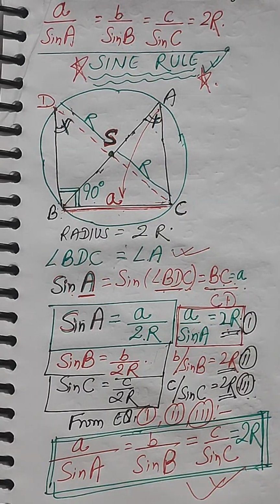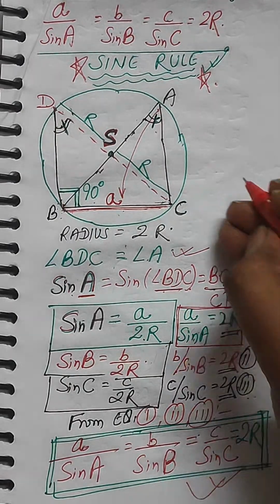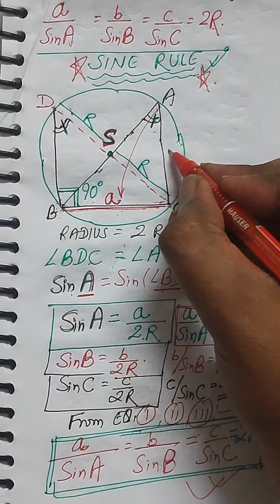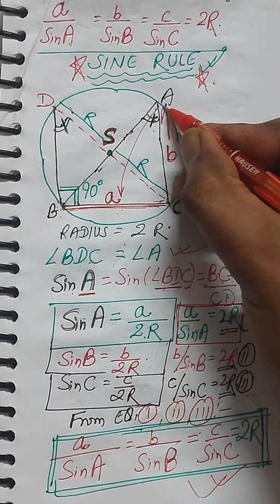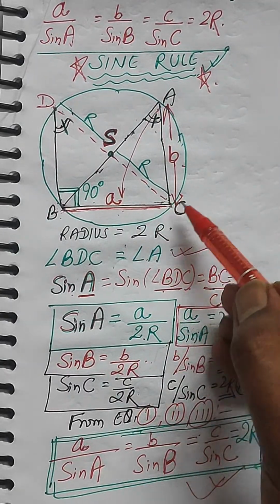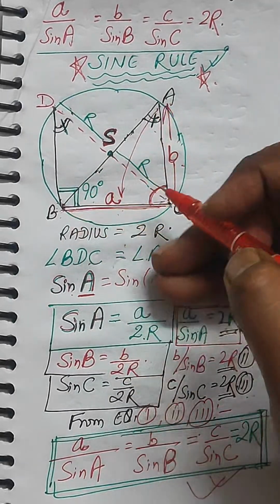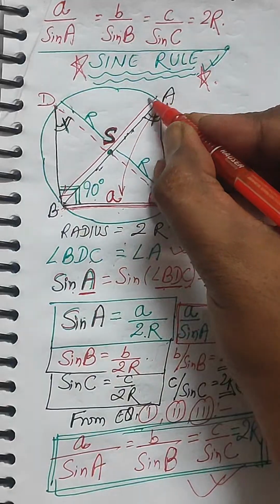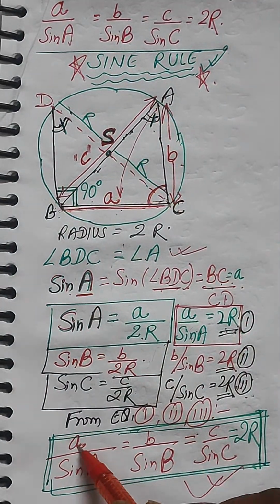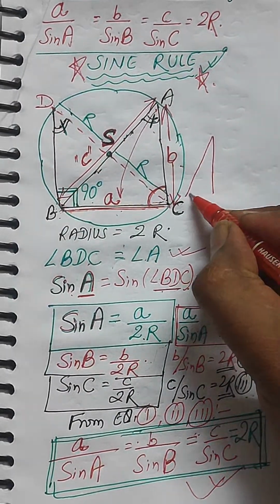Definitely, Roger. This is side a, because of A, B, C. If this is the triangle, the side opposite to angle B is small b. This is the length of AC, small b, right? And if this is angle C, then the length of AB is small c. And these are a, b, c, the three sides of that triangle.